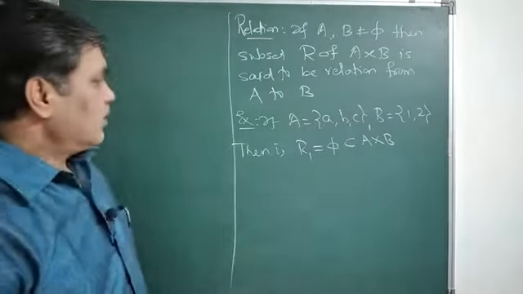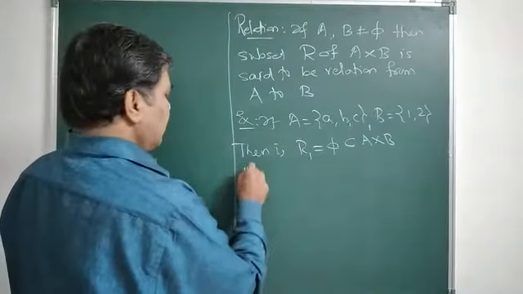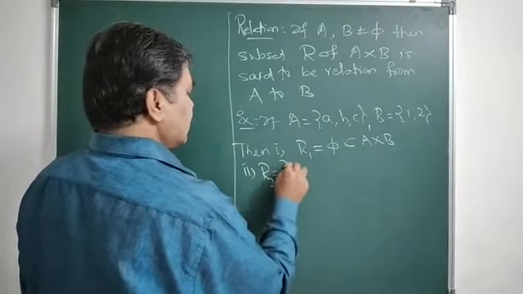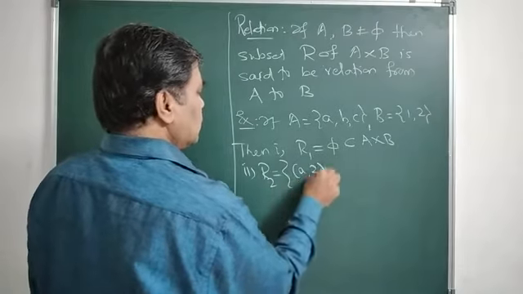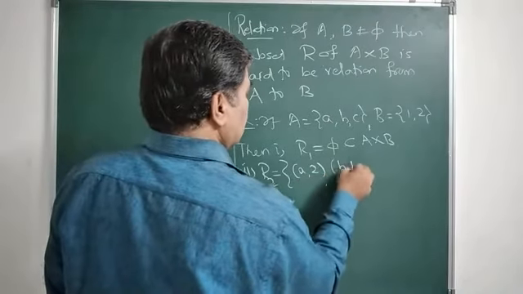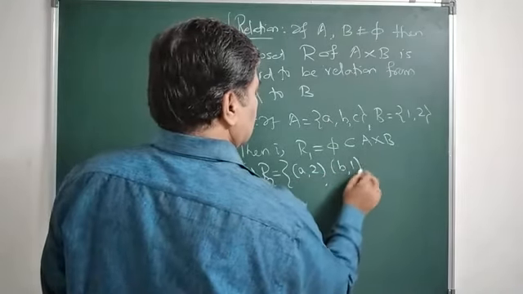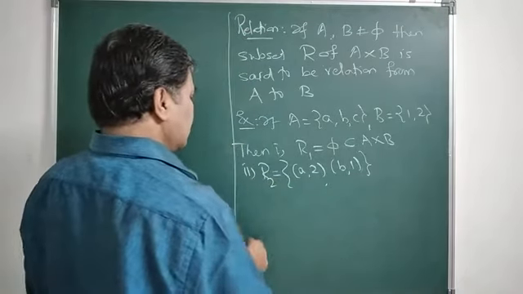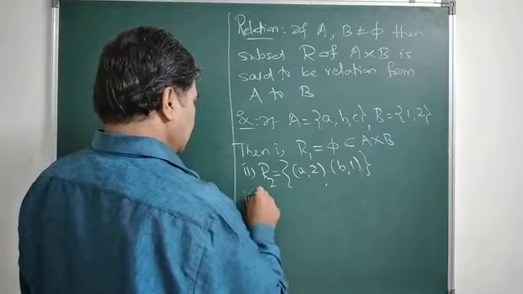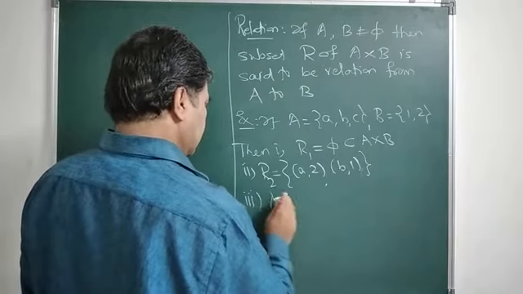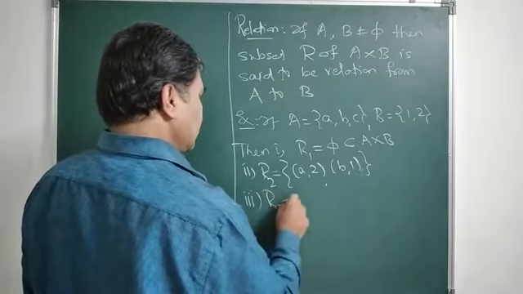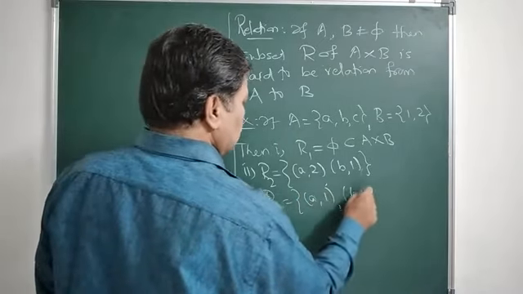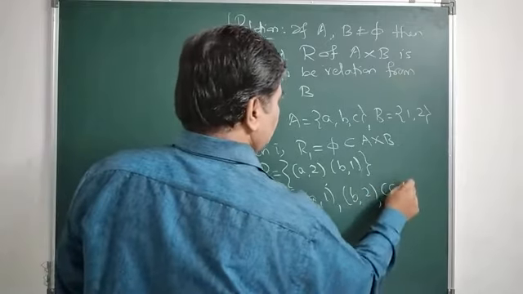Okay. Second, if I take R2 equal to, say, the pairs (a,2) and (b,1), only these two pairs, this is also a relation. If I take a subset of A cross B, R3 is equal to, say, (a,1), (b,2), (c,1).